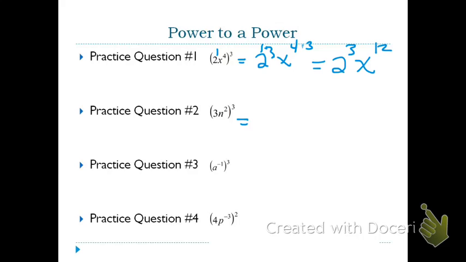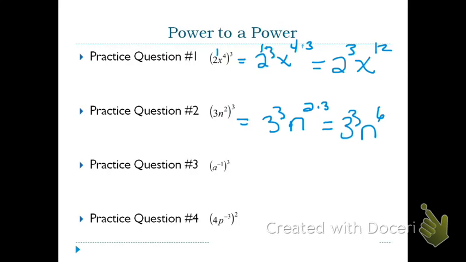Practice question 2. You would write 3 to the third times n to the whatever 2 times 3 is. So 3 to the third, n to the sixth.